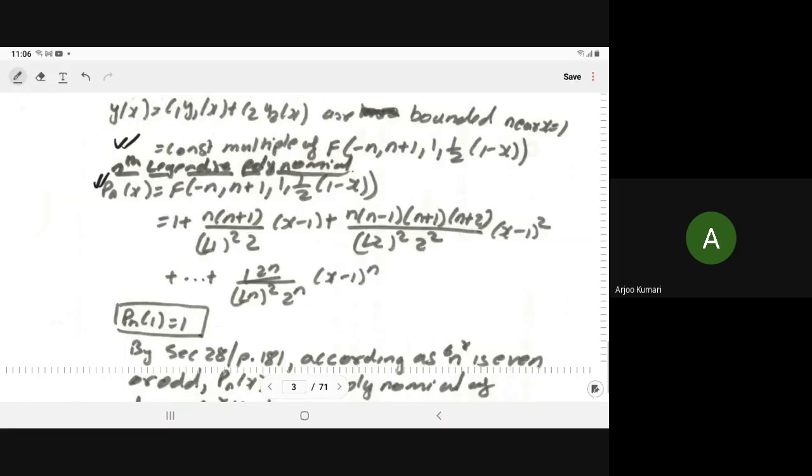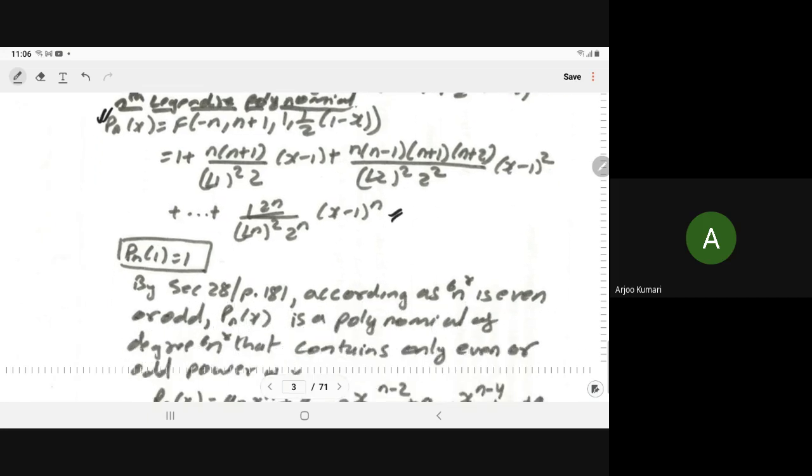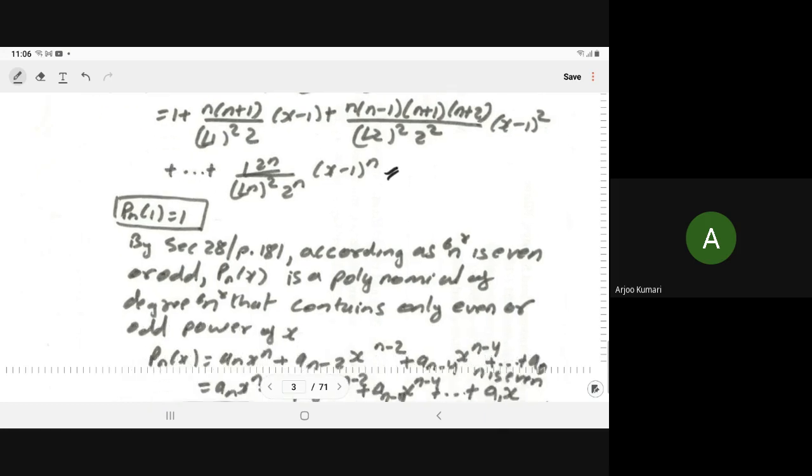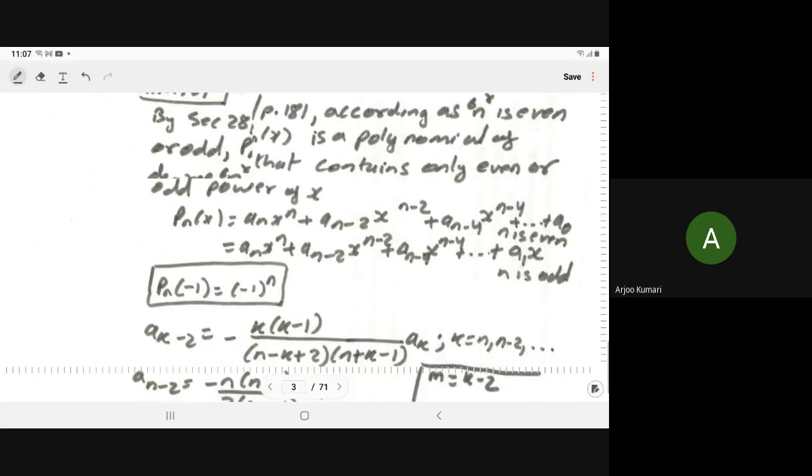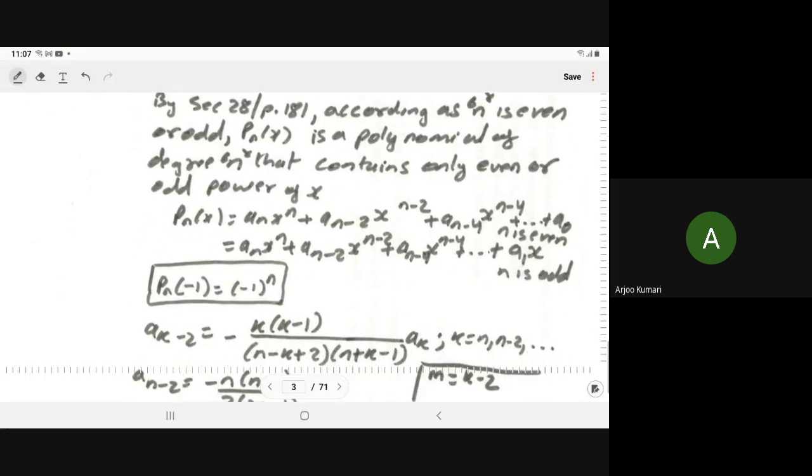So here we have Pn equal to 1 plus, and so on. This we have opened. Now in this case, when we put x equal to 1, you will get Pn(1) equal to 1. Now from section 28, we have solved this problem for the ordinary point, and there we have one recurrence relation.